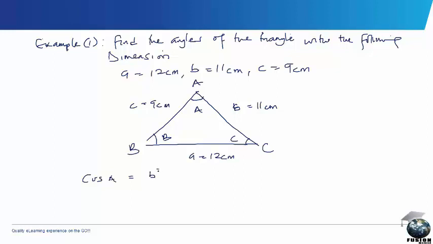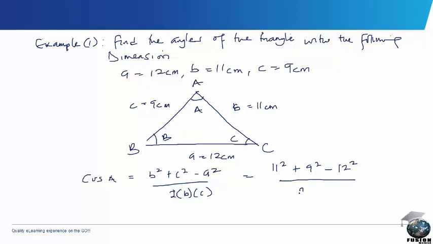Cos A is equal to B squared, plus C squared, minus A squared, all over 2 times B and C. That is 11 squared plus 9 squared minus 12 squared, all over 2 times 11 times 9. 11 squared is 121, and 9 squared is 81, so we have 121 plus 81 minus 144.